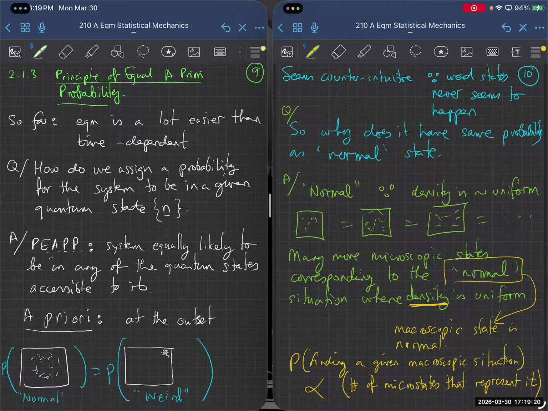And that's what the principle of equal a priori probabilities does. So even though it seems unnecessarily democratic, unnecessarily egalitarian, it actually is the best way to do a calculation because it makes the least possible assumptions. There's least bias in making this assumption, and it will represent the behavior in ways that correspond to our intuition.